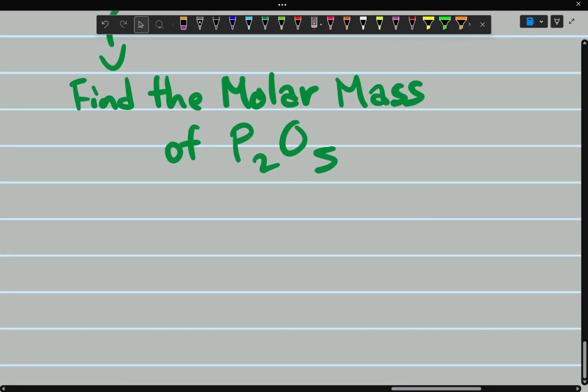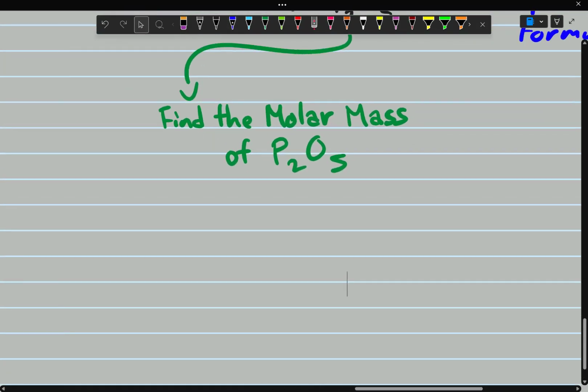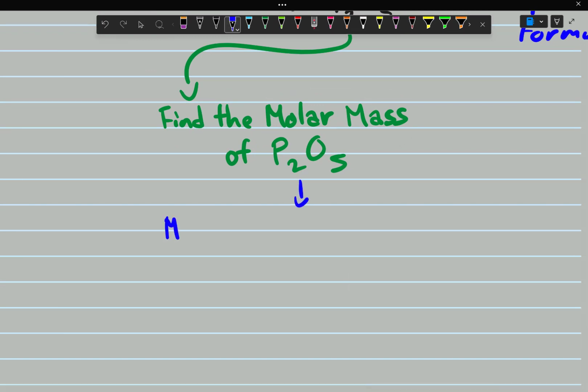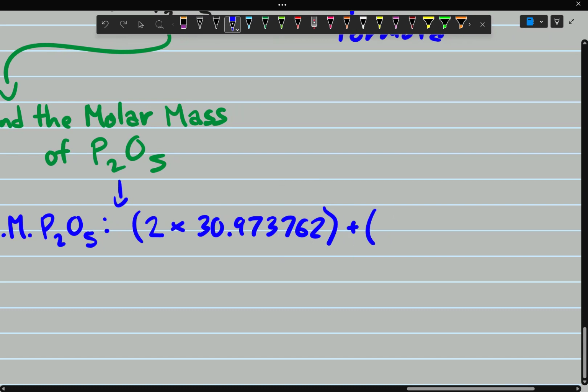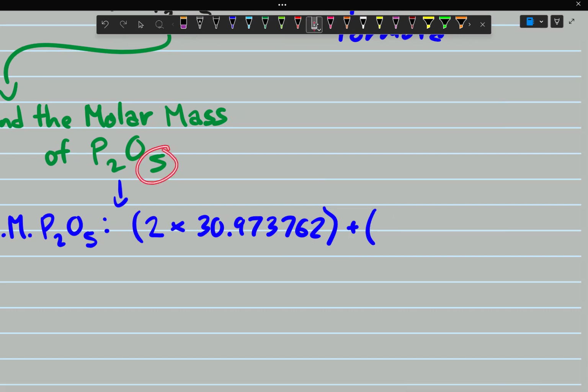So all we've got to do is what we've already done a few times, hopefully, and just find that the molar mass of P2O5 is going to be equal to, there are 2 phosphorus, so 2 times the molar mass of phosphorus, plus there are 5 oxygen atoms, so 5 times the molar mass of oxygen.